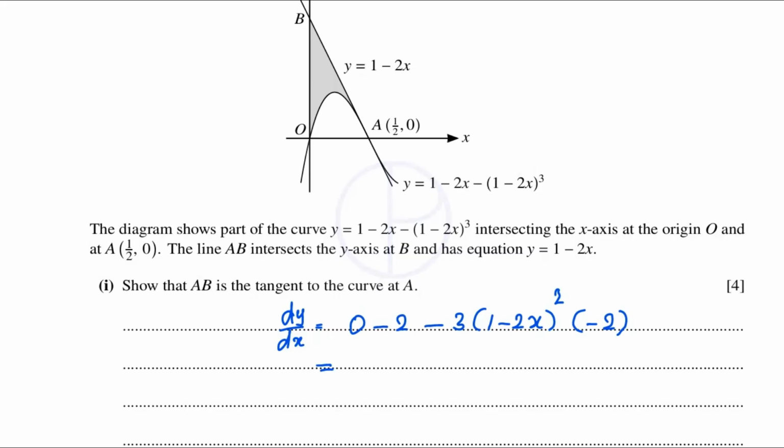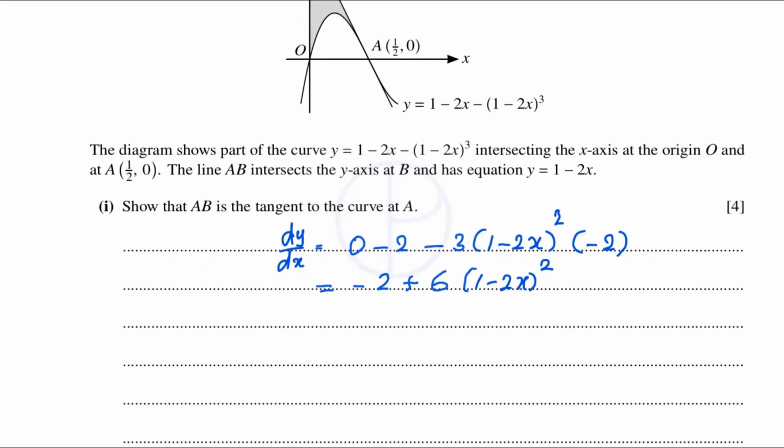So which is negative 2 plus 6 times (1 − 2x) the whole square. So what is the value at the point (1/2, 0)? This is the gradient: −2 + 6(1 − 2 × 1/2)². These two get cancelled, so 1 minus 1 is 0. So the gradient is negative 2.